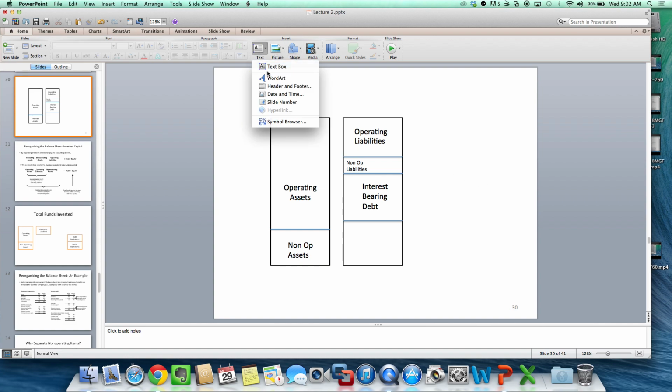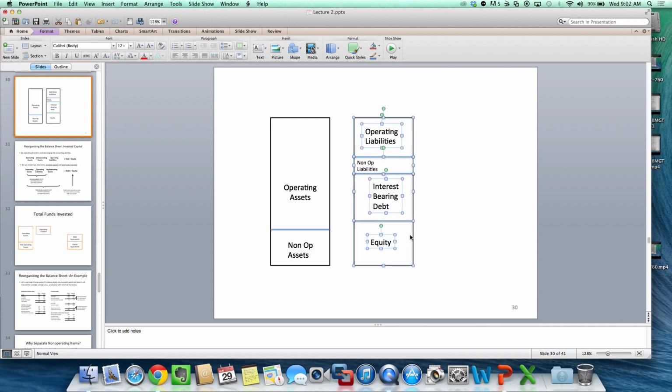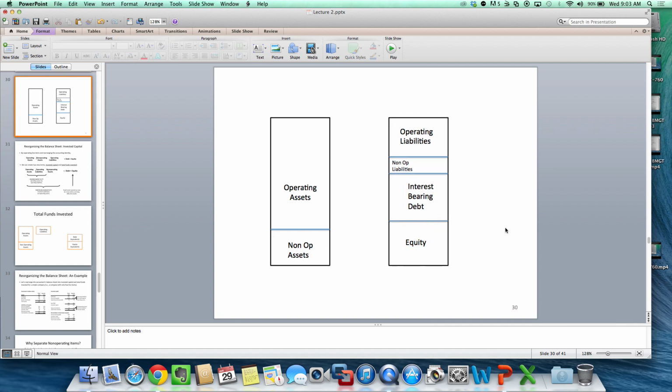And finally, we're going to have equity. That is our rearranged balance sheet.